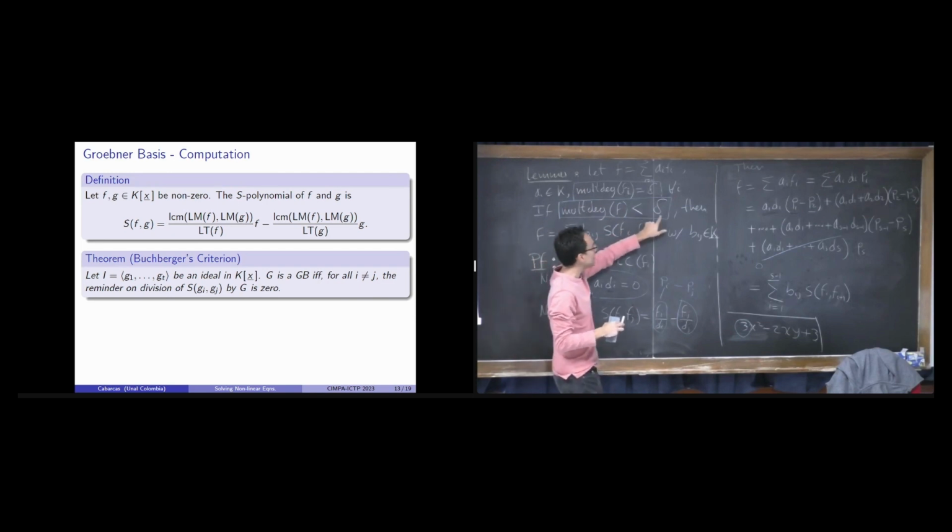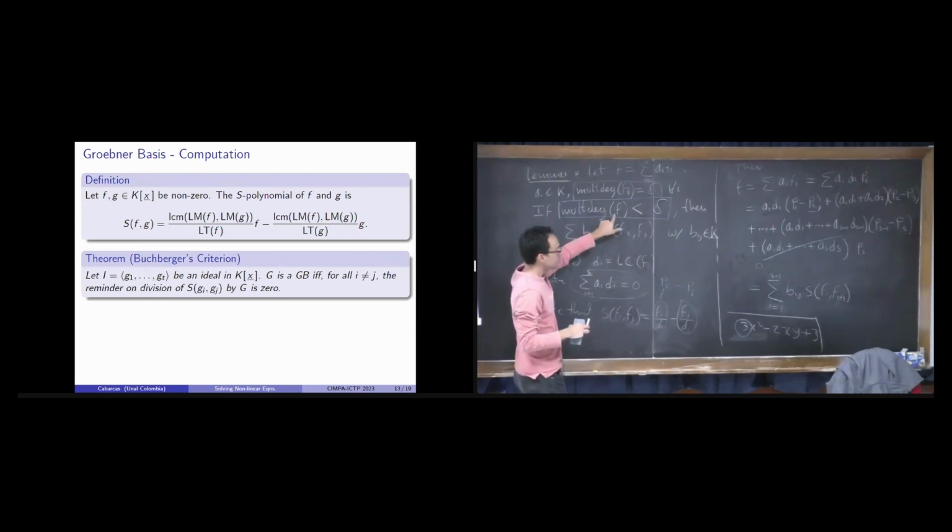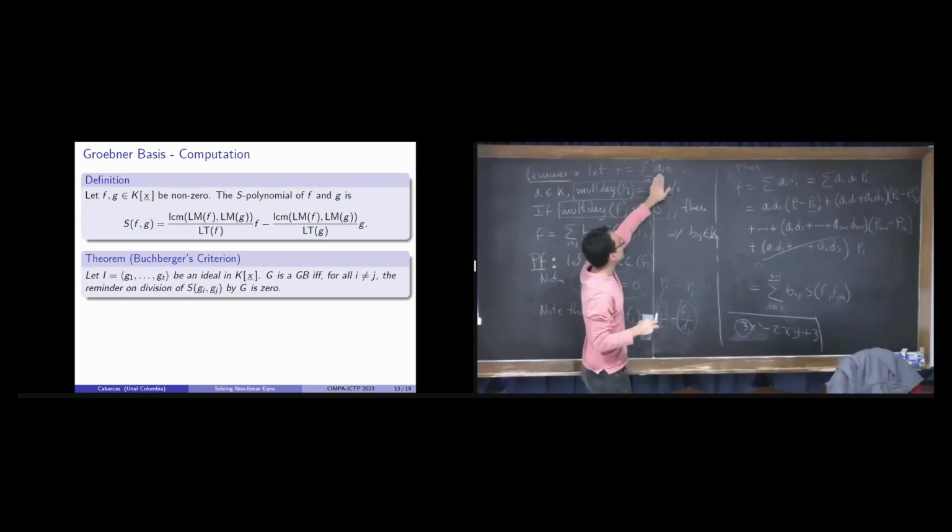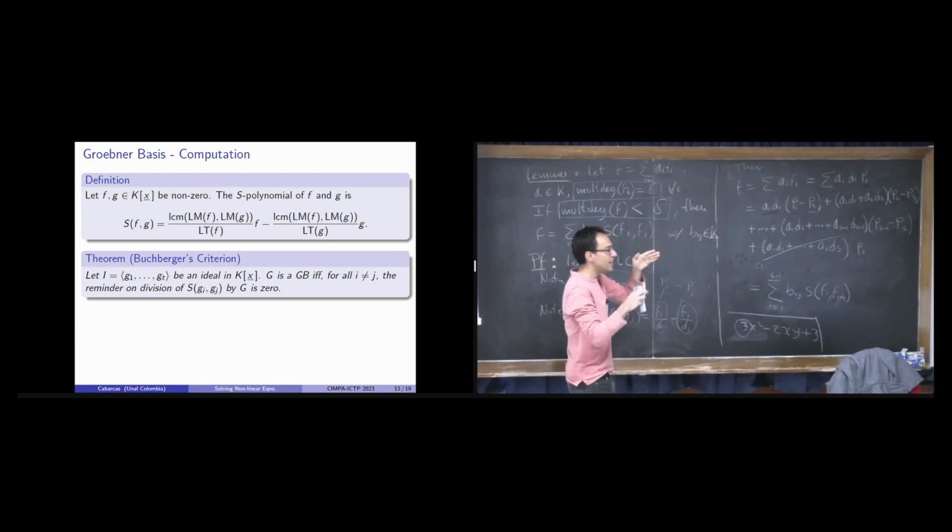Now, if we say that the multi-degree of f is less than delta, we're saying that the leading term of f is less than the leading term of any of the f sub i's. So what is happening is that the leading terms of the f sub i's are being cancelled.